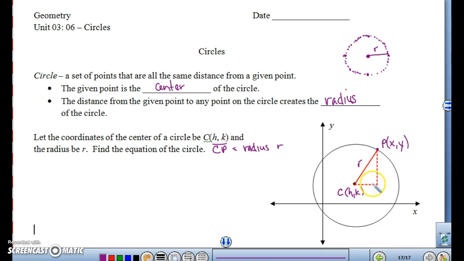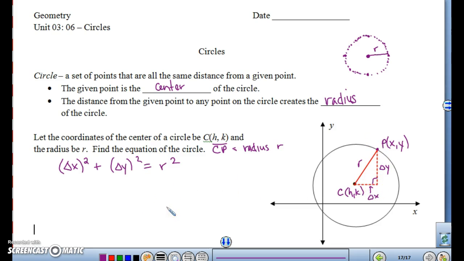Now remember, the horizontal distance here is delta x, and the vertical distance here is delta y. So using the Pythagorean Theorem, we know to find the radius, because the radius is the hypotenuse, leg squared plus leg squared equals hypotenuse squared. So (delta x) squared plus (delta y) squared is equal to r squared. Because this length is delta x, this length is delta y.